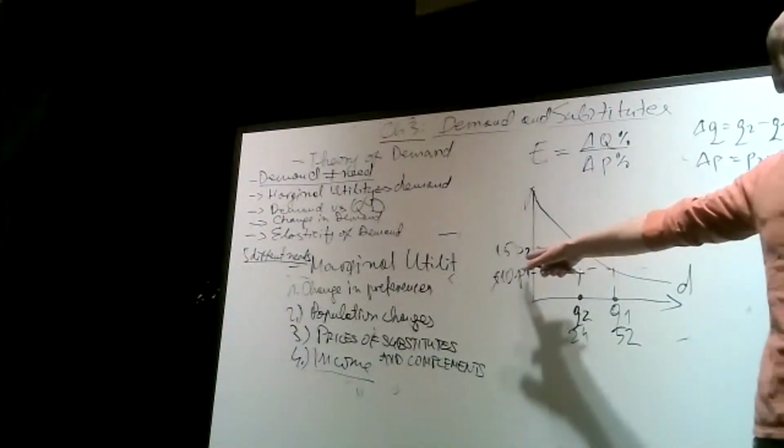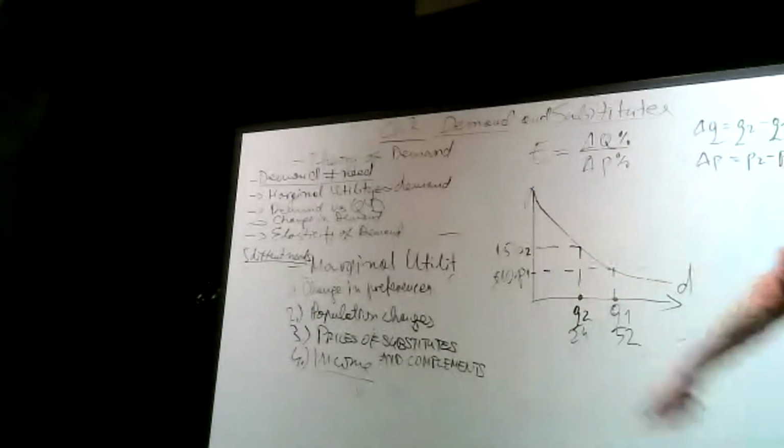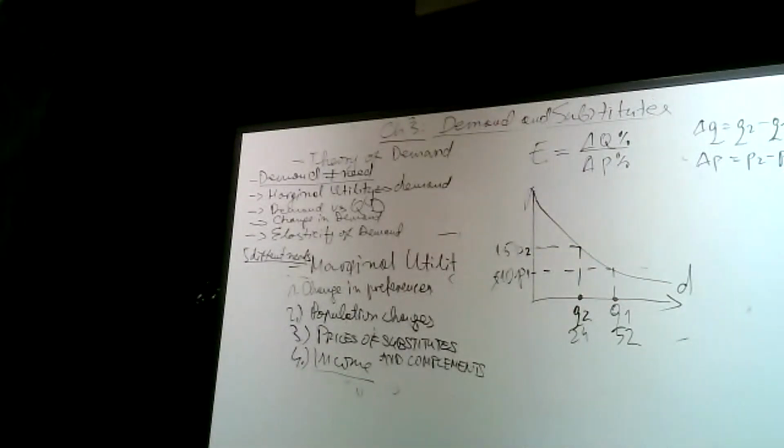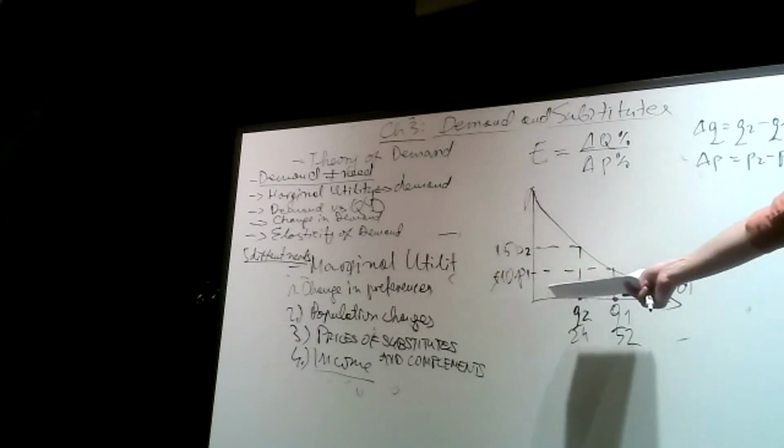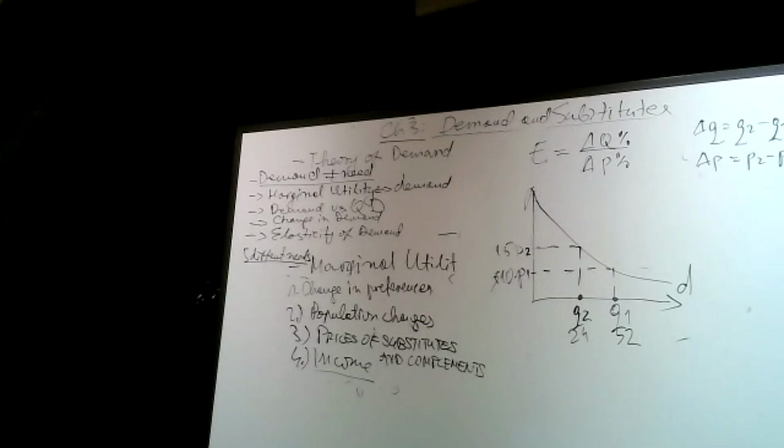So delta Q is 5 here, but as a percentage, what is the percentage change from 15 to 10? 33%, by a third. What is the percentage change here? 8 over 24, 8 over 32, yeah.